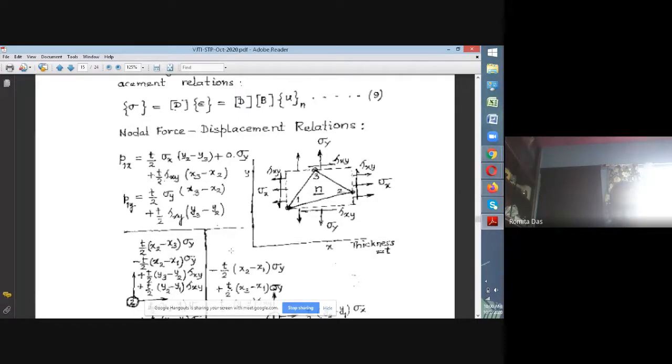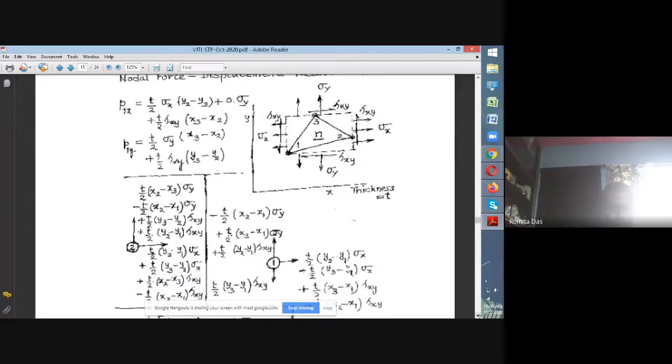So this is the nth element, its nodes 1, 2, 3 are there, and obviously the coordinates of node 1 are x1, y1, node 2 is x2, y2, and node 3 is x3, y3. Now let's see how much load is coming on node number 1. That is what is written in this slide, and what is going to be discussed now.